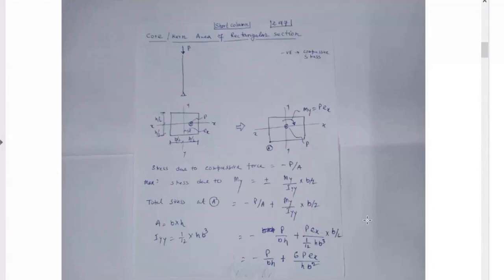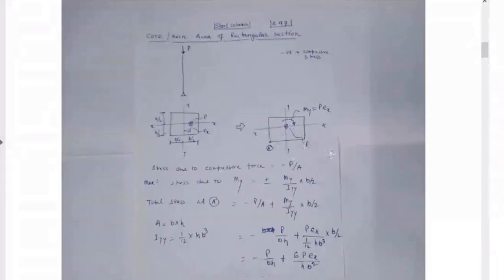This eccentricity is measured along the x-axis, but it is about the y-axis. Now we can replace this P force with eccentricity Ex by a compressive force P passing through the centroid of the cross section with a moment My, that is P into Ex, force into eccentricity, and this moment is about the y-axis. Now we try to calculate the stress within this rectangular cross section.